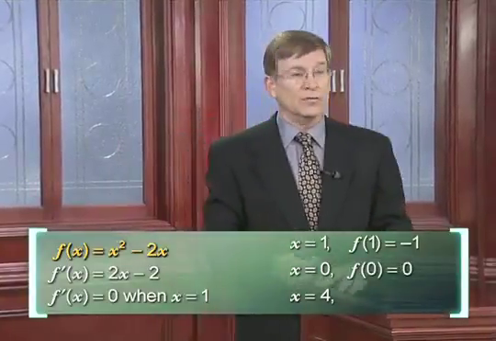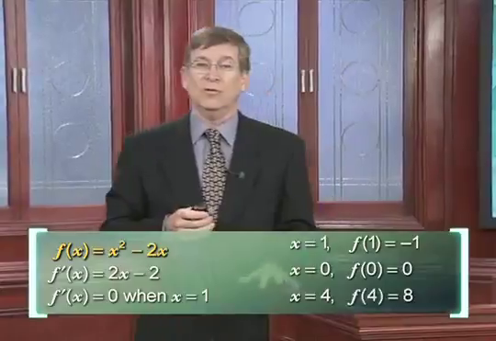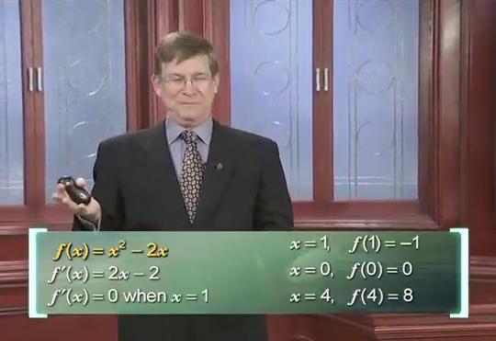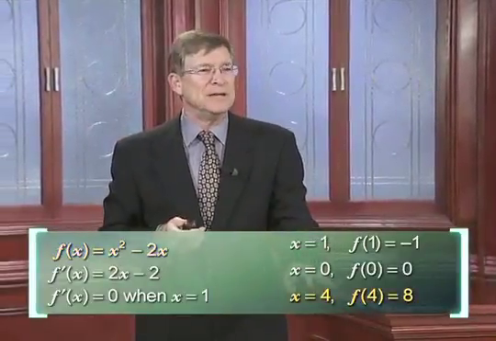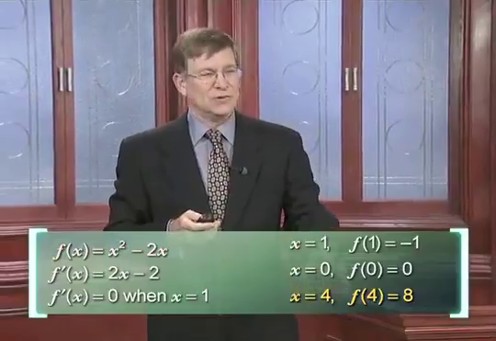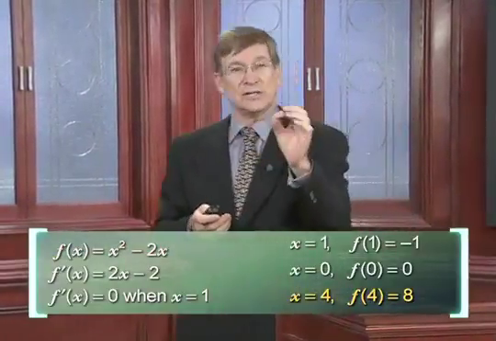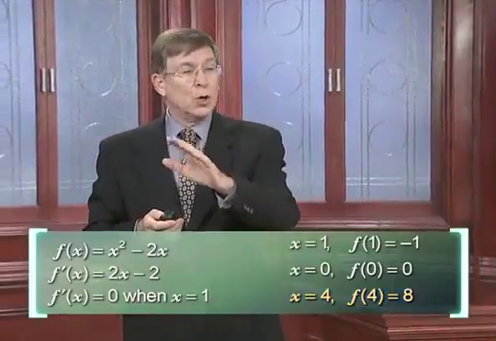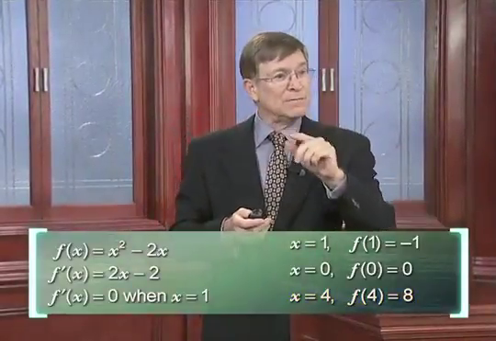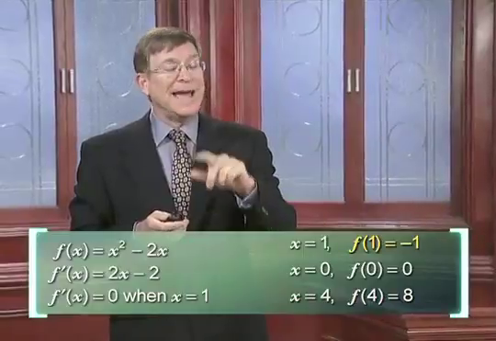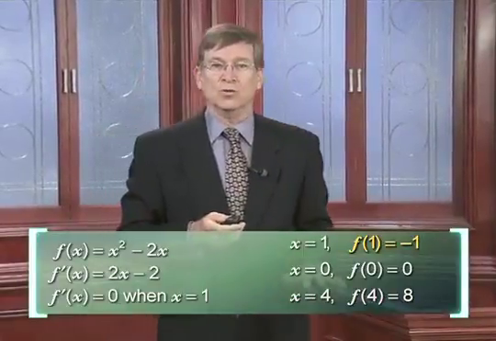And at x equals 4, the function equals 8. So who's the winner? 8 seems to be the largest value. So the maximum value of this function is 8, and it occurs at x equals 4. Where's the minimum? Well, the minimum value is minus 1, and it occurs at x equals 1.